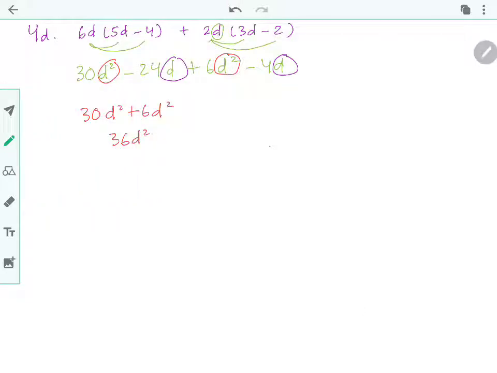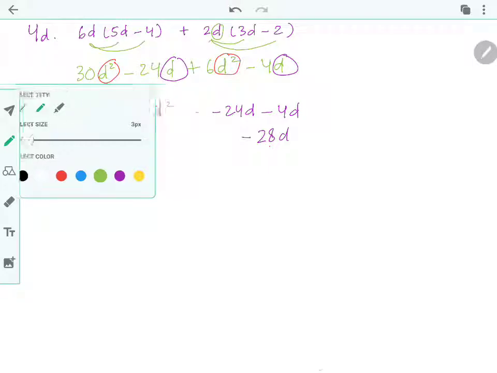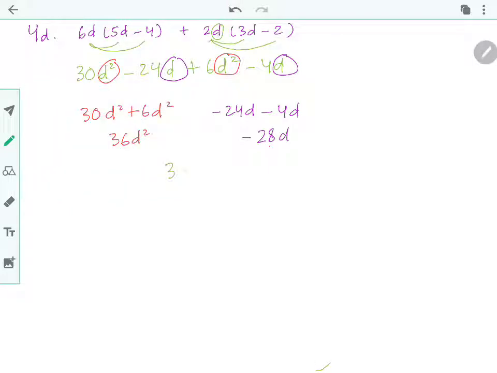So it's negative 24D minus 4D, that equals minus 28D. Okay, so for the final answer, it will be 36D. Oh, sorry, my bad. 36D squared minus 28D.